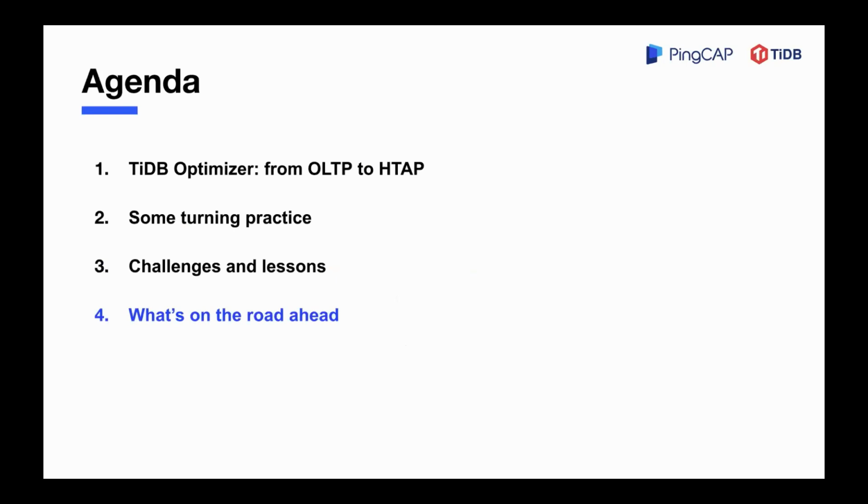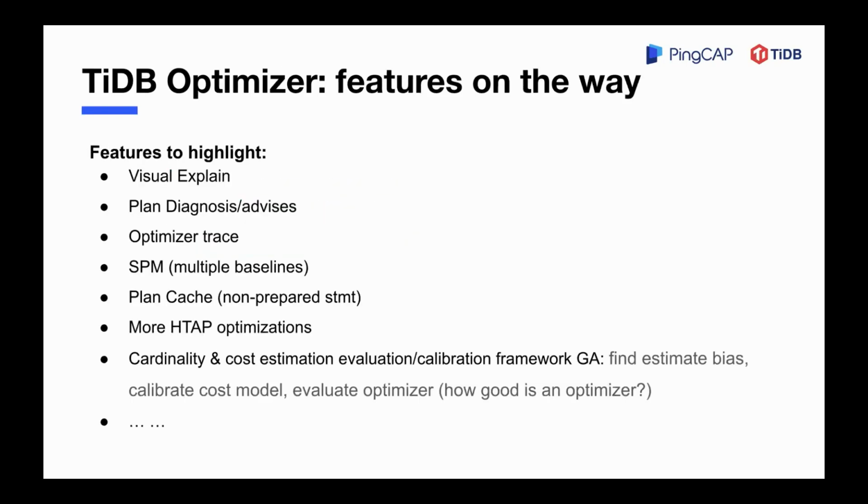And next, I will share some work on the road. First, we're going to provide a visual plan. That's important for the user, especially when they look at a very complicated query plan. If you just use the current explain output, the text output, sometimes it's really hard to read. So we'll provide a visual plan, and on top of the visual plan, we'll provide some plan diagnosis for the users, or advisors.